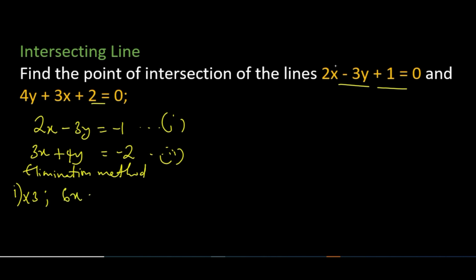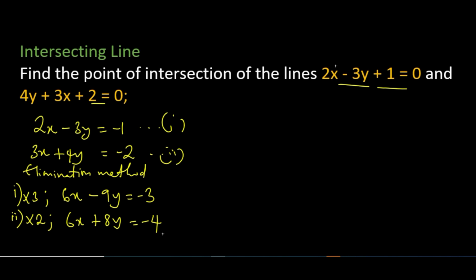You have 3 times 2x, 6x minus 9y is equals to minus 3. Then we also have equation 2 multiplied by 2, that's the coefficient of x in equation 1, which also gives 6x, plus 8y is equals to minus 4. They are now the same thing.